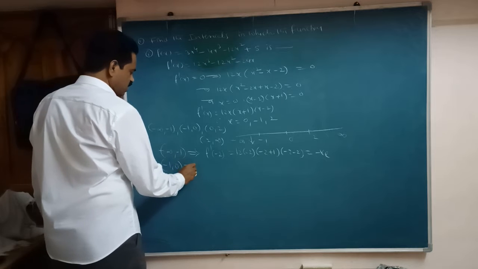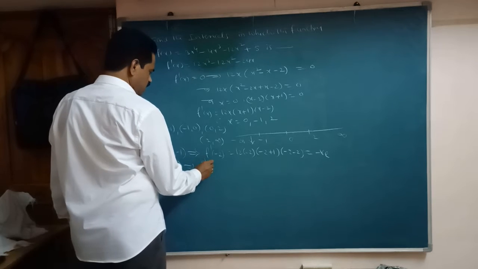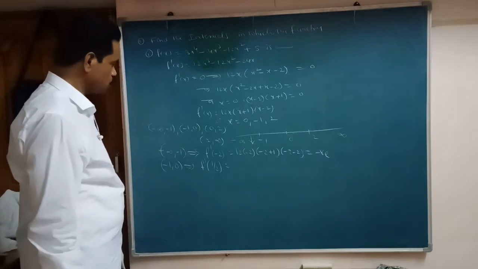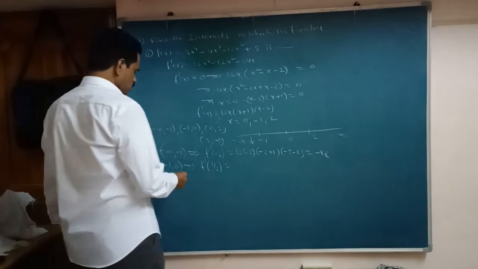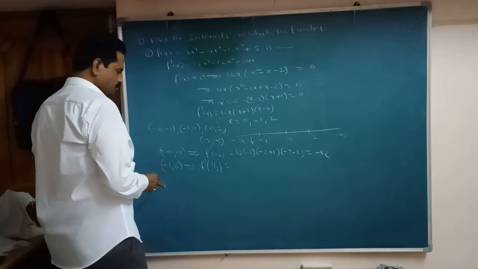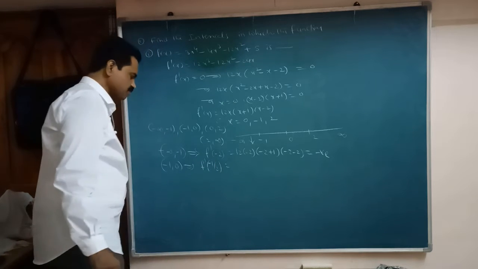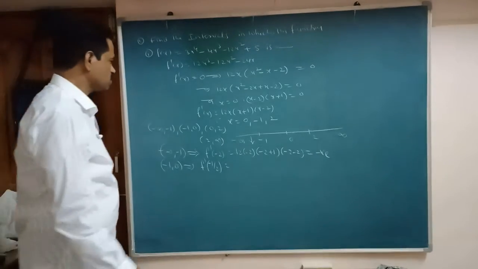Next, −1 to 0. In this interval take the value −1/2 and substitute in f'(−1/2).